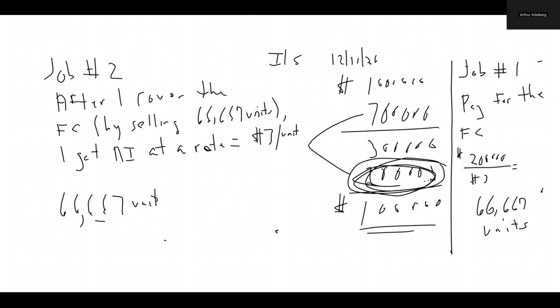So if I go 1,000 units above 66,667, my net income is going to be exactly $3,000. Does everybody understand that? The function of contribution margin at $3 per unit is to first cover the 200,000 of fixed cost. And then, if you want to make net income, sell more units past the 66,667 level, and you will earn net income.